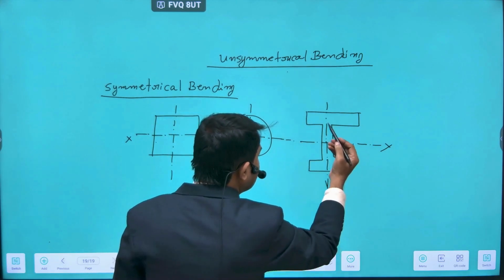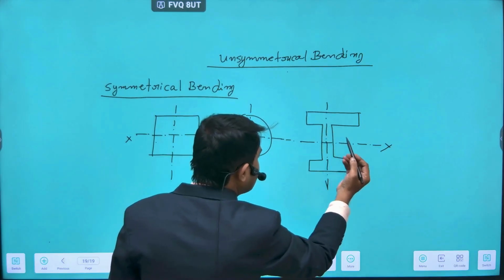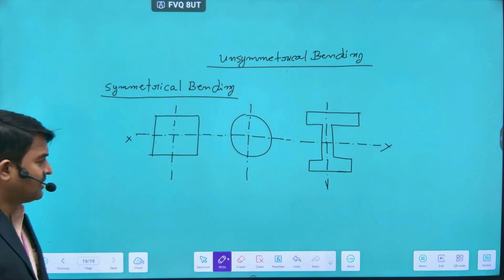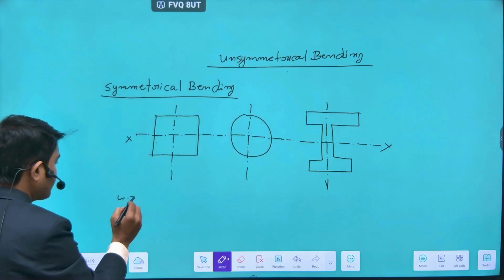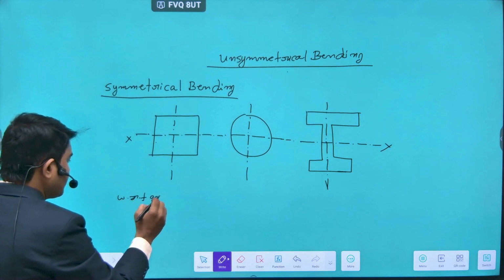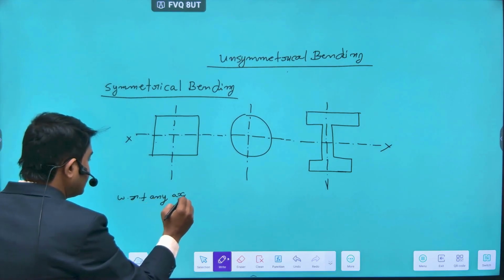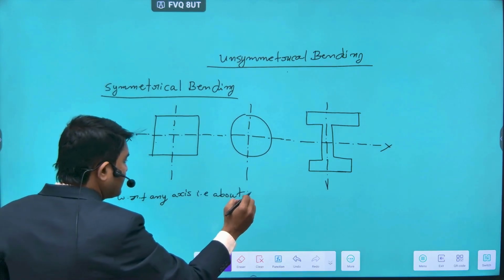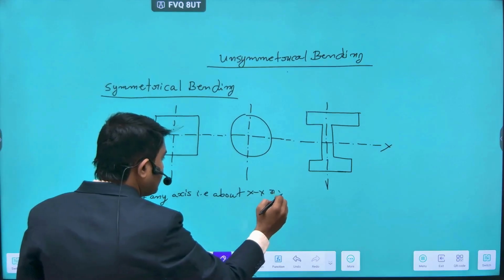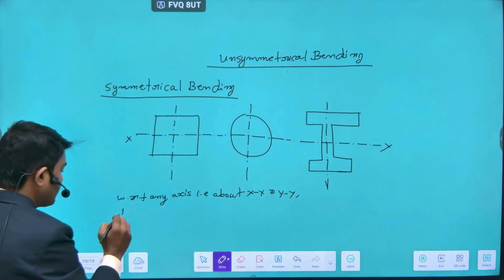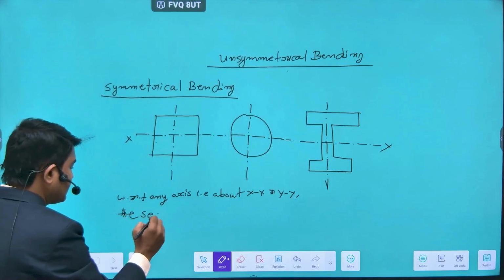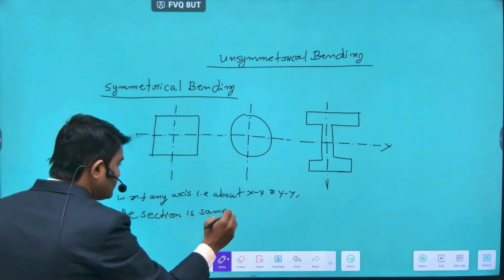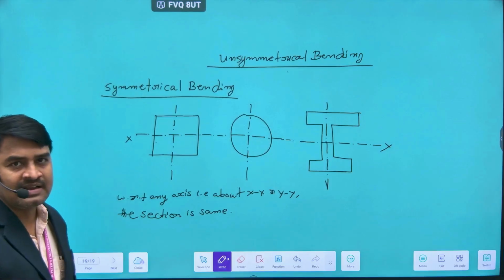So it is symmetrical about either above or below, or either left or right of the section. So a symmetrical section is one where, with respect to any axis, about xx or yy, the section is the same. So this comes under the symmetrical sections.